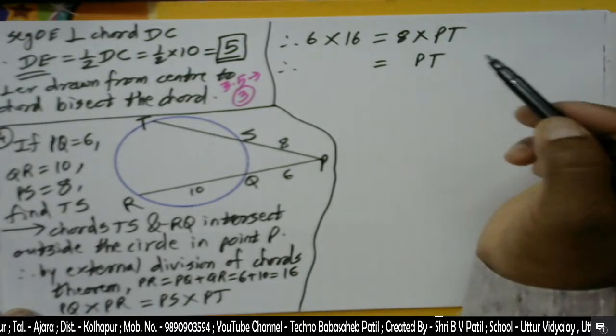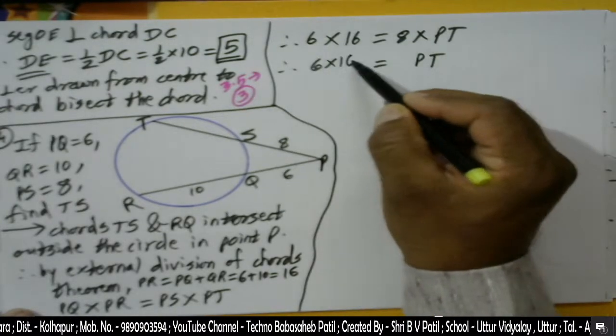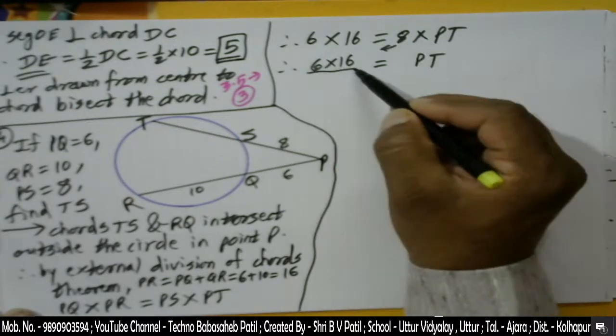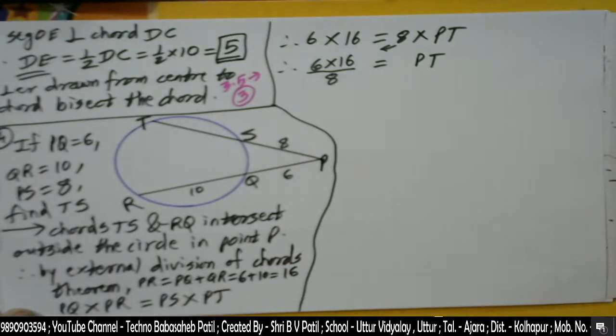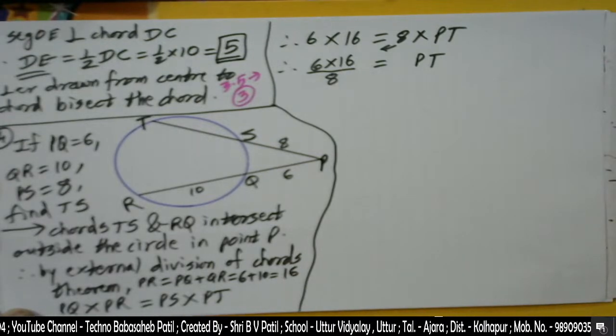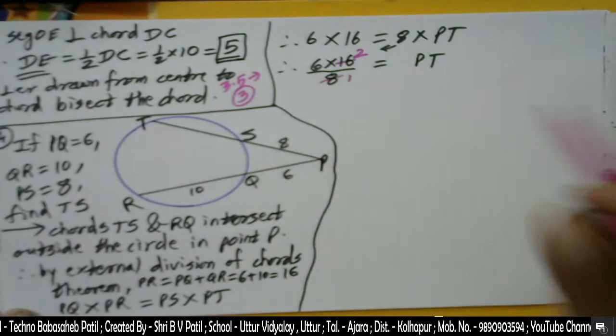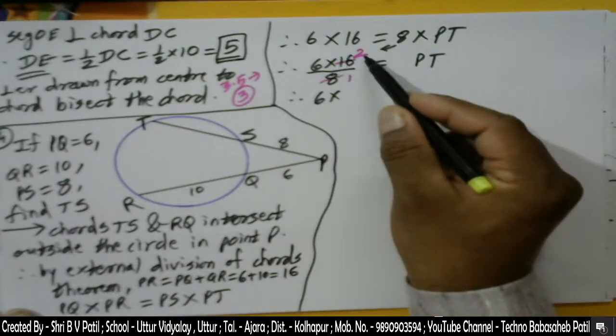Then PT is equal to what? 6 into 16, 8 taken to the other side, 8 multiplied becomes divide. 8 ones are 8, 8 twos are 16. That is 6 into 2 is equal to PT.